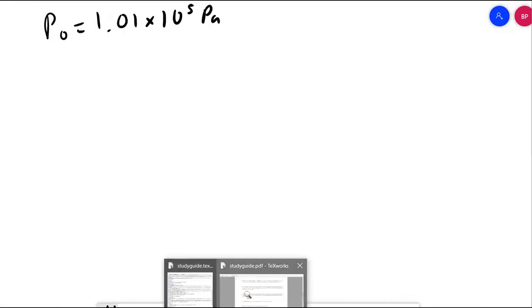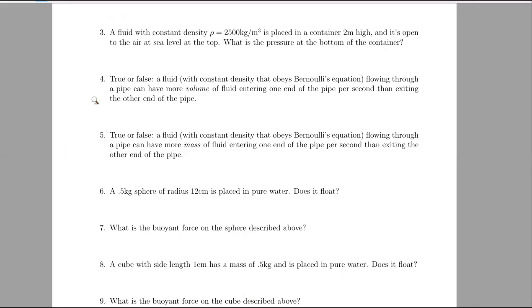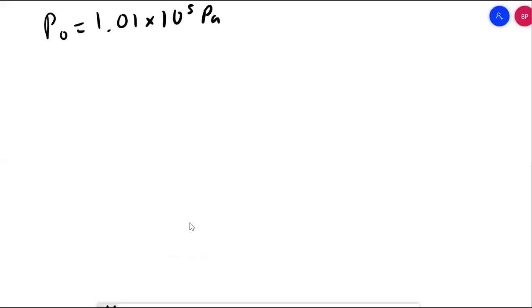All right, easy enough. Our next question says, true or false, a fluid with constant density that obeys Bernoulli's equation flowing through a pipe can have more volume of fluid entering one end of the pipe per second than exiting the other end of the pipe. So this is false because of the continuity equation. As long as the density is constant, the continuity equation tells us that the cross-sectional area through which a fluid flows, in this case the area of the pipe, times the velocity is a constant.